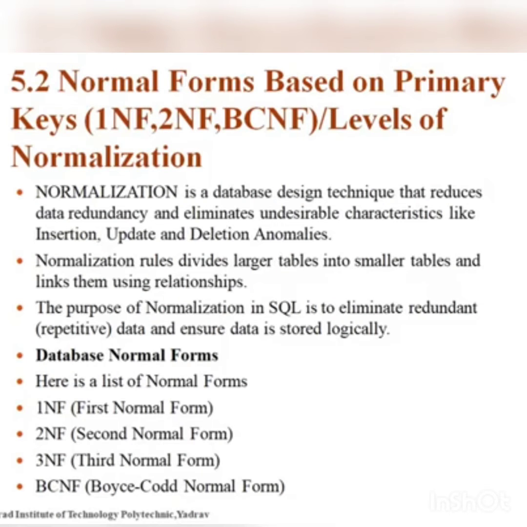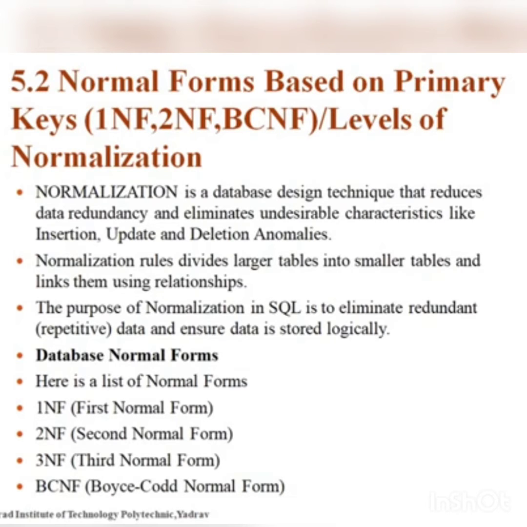In short, remember that normalization is nothing but these rules, which divide the larger table into smaller tables and link them using relationships. The purpose of normalization in SQL is to eliminate redundant data, that is repetitive data, and ensure data is stored logically.